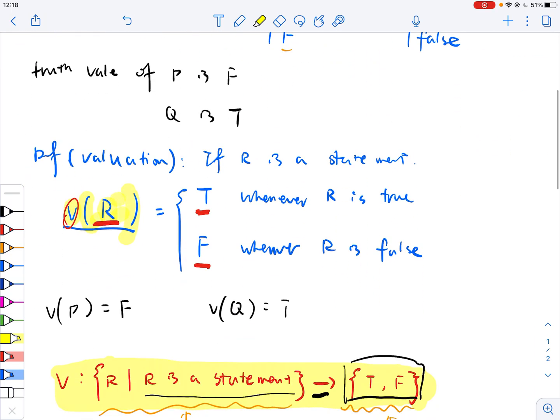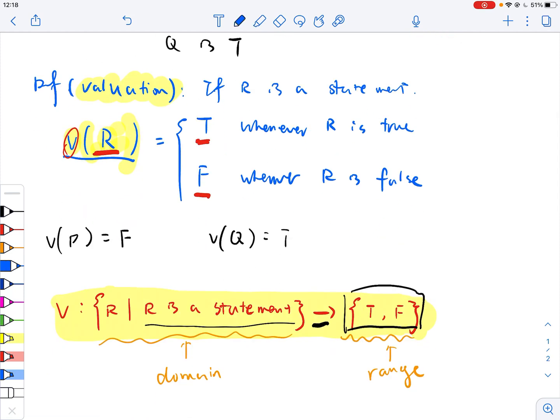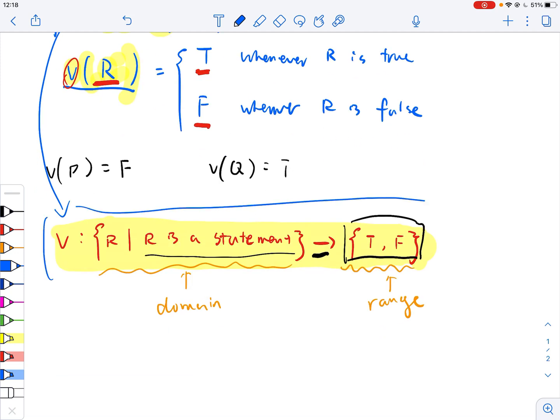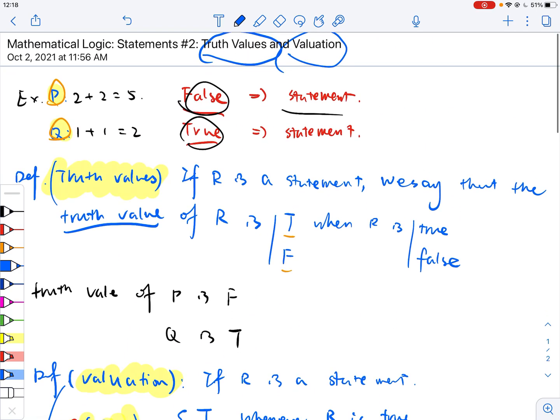Second, the thing called valuation, which is a function defined by this thing over here. So that's what you should take away from today's video, and I hope everything is clear right now.